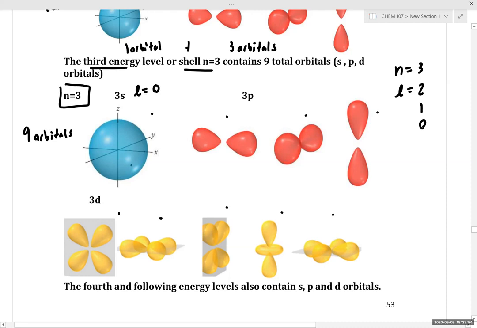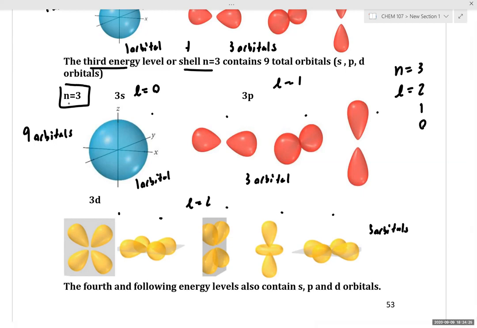L equals 0 is our s orbital, where we have 1 orbital. L equals 1, p orbitals, just like before, we have 3 of them. L equals 2 corresponds to our d orbitals, and we have 5 of them. Adding them up, we get a total of 9 orbitals in this shell. Does this idea make sense so far?